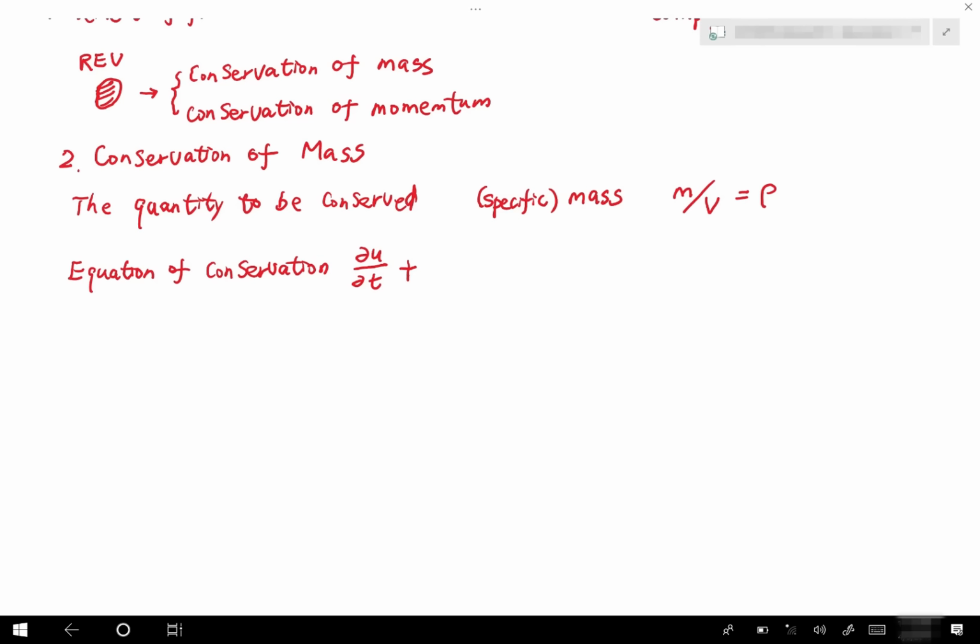Yeah, velocity. You got it. So that means we should have a velocity, and also we should have the quantity to be conserved. So actually, this term is just the divergence of v times u. Right? That's the second term, advection.